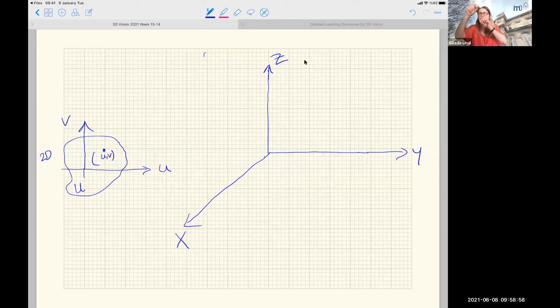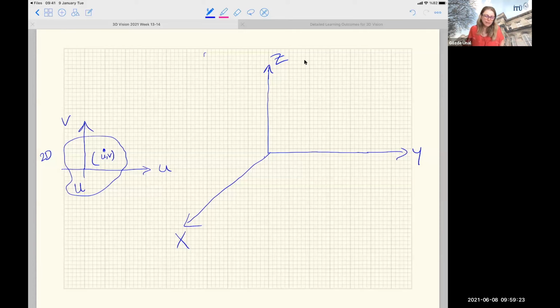Always remember it as a string, 1D, right? Now we also remember this guy as a patch of pieces, right? 2D patches covering my surface. So in 3D, that's why it's a 2D manifold.